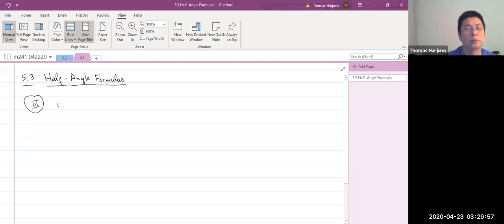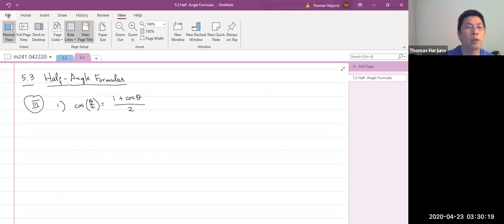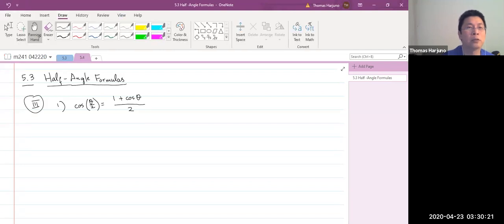First one: cosine theta over 2 is equal to 1 plus cosine theta over 2. Professor, it's 5.4 for half angle formula. Oh yeah, thank you. I wrote 5.4, but I wrote 5.3. It's 5.4.